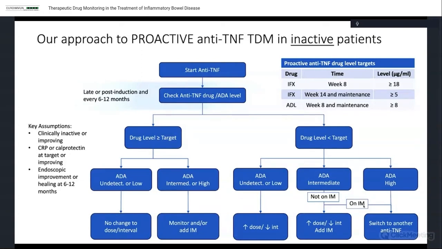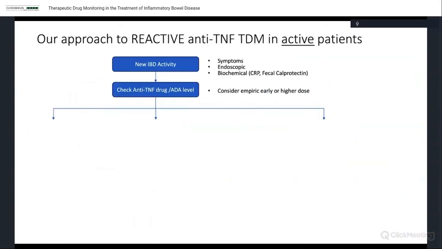If they are on an immune modulator, one can try to reverse the antibodies simply by escalating the dose and improving the exposure, but it may be time to switch to another anti-TNF, again, assuming that there was response to the first anti-TNF.